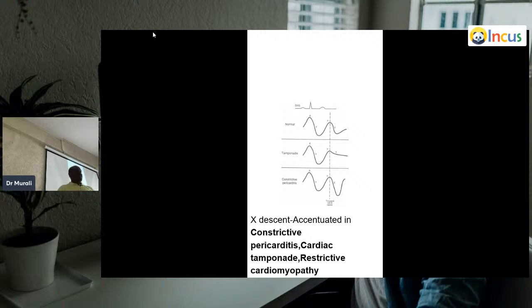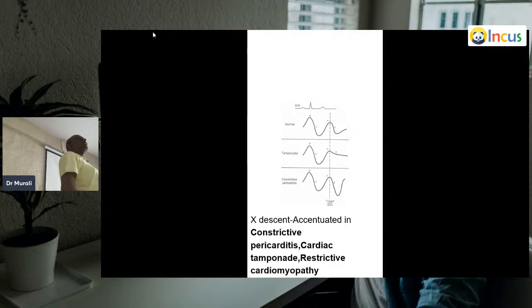No looking into paper, all mind, walk into heart, sleep in the heart, think in the heart. Then you are the cardiologist, right? So think yourself that you walked into the chamber of the heart. So X descent is because of the relaxation of the atria when the ventricle is undergoing contraction, and that leads to drop of the pressure, right?